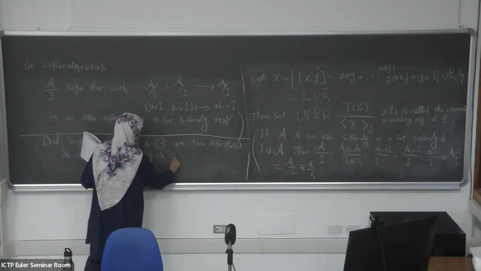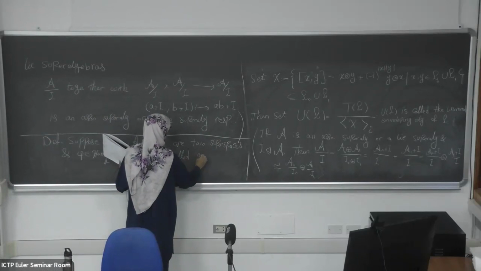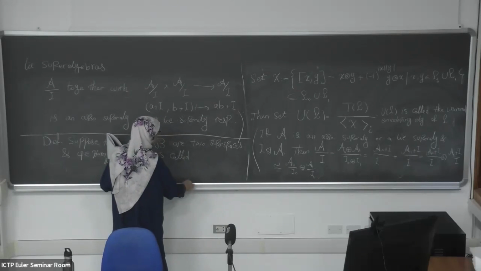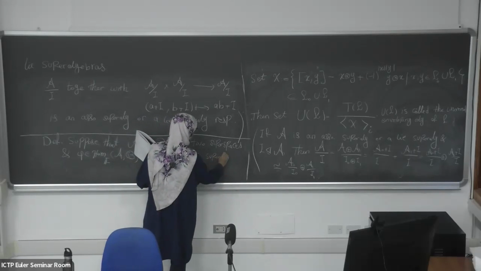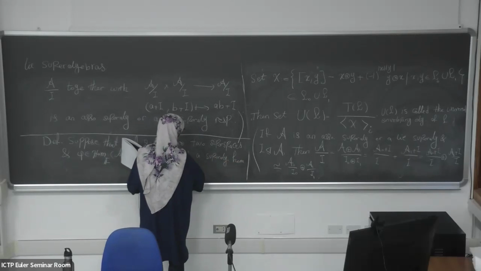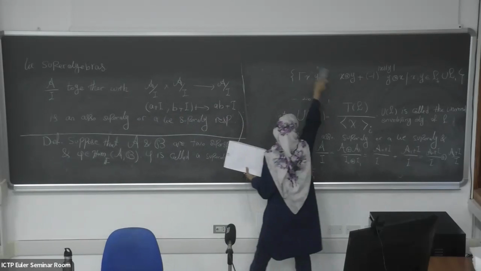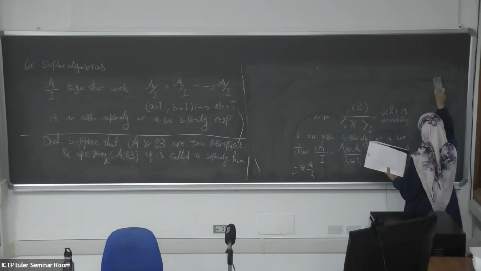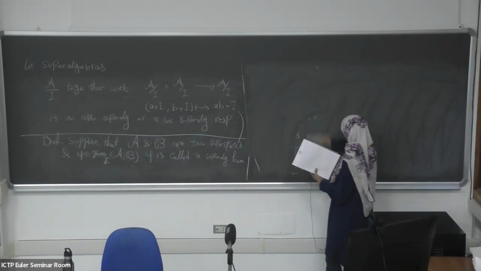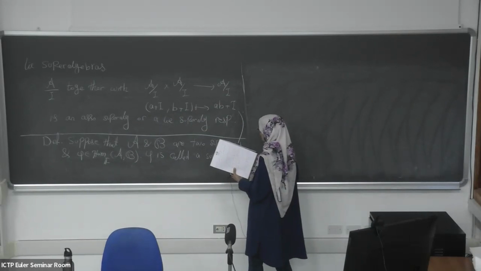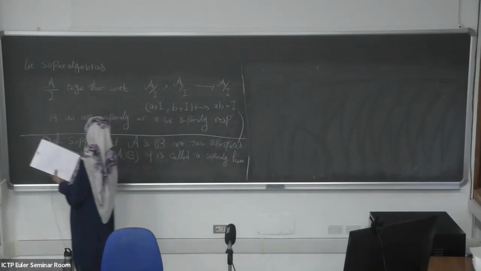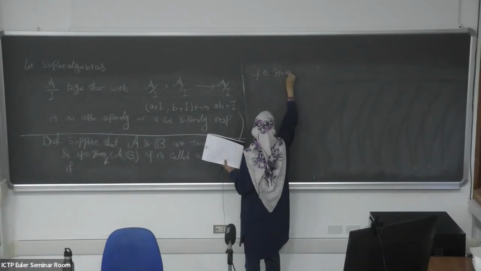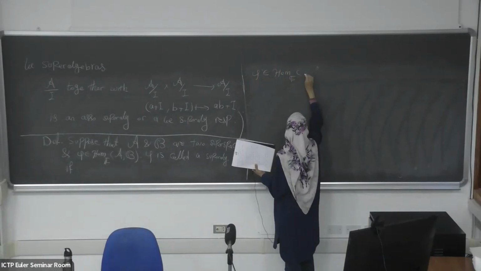Phi is called an algebra homomorphism, or it's better to say a superalgebra homomorphism, if phi is an element of Hom_F(A, B)_0.